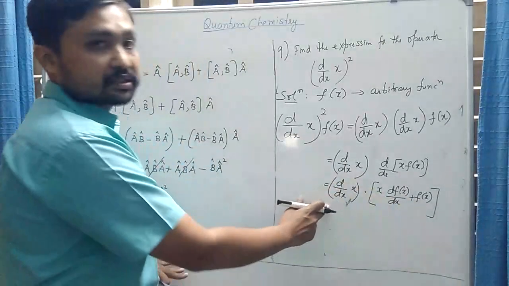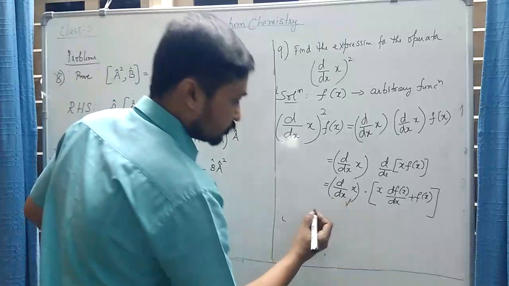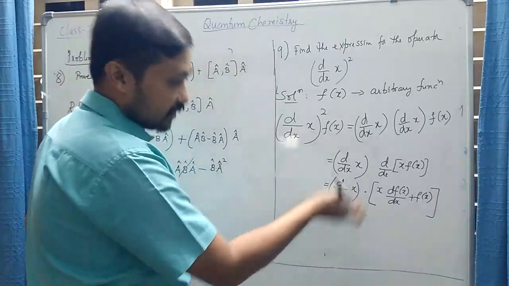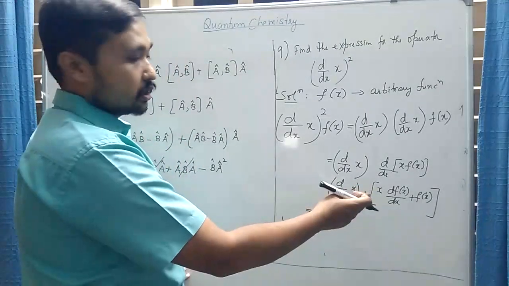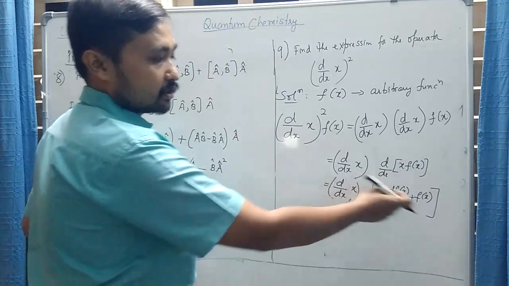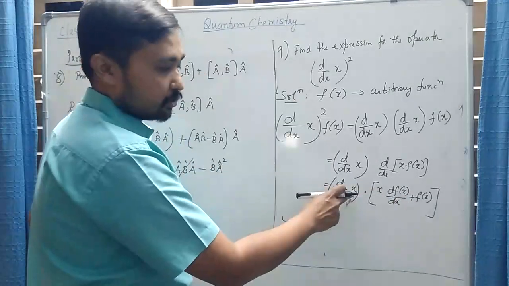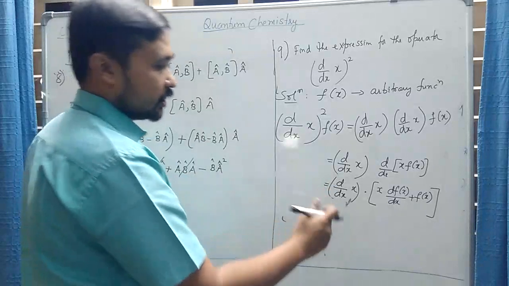So this is the result that we get after applying this operator for the first time. Now we have to apply this operator for the second time. So again, within this bracket you have two operators. First we have to apply operator x on this function, that is a multiplication operator, and then we have to apply the second operator d/dx.